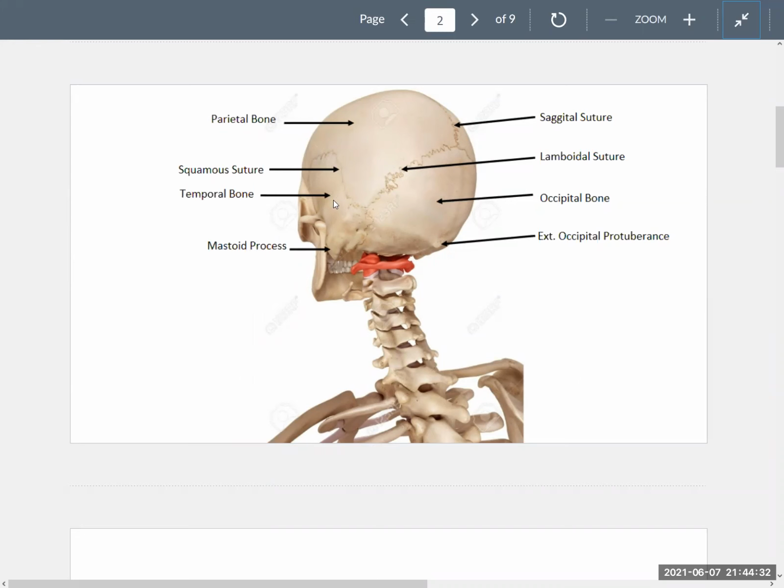The temporal bone is at your temples, okay, underneath the squamosal suture. And underneath the 2 lambdoidal sutures, only one is pointed to. This is the large occipital bone that goes underneath the skull.